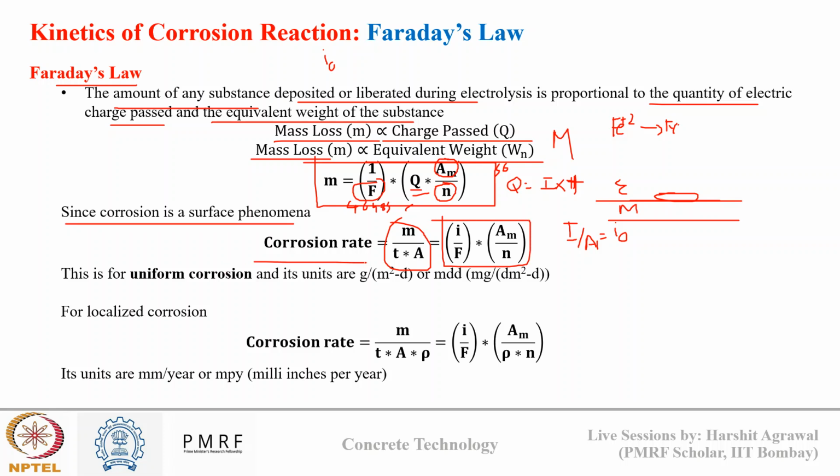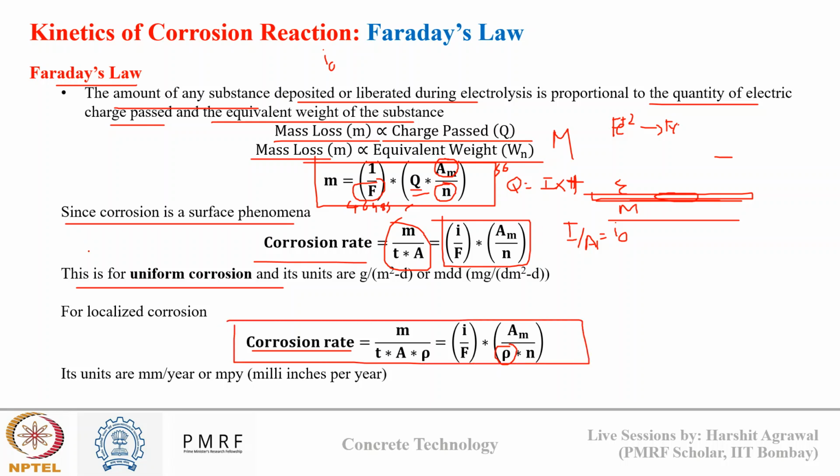Corrosion rate is related to I naught by this equation, and this is for uniform corrosion, when corrosion is happening uniformly throughout the surface. However, in cases of pitting corrosion like chloride corrosion, instead of representing corrosion rate by mass loss per unit area per unit time, we represent corrosion rate by mass loss per unit area per unit time per unit density of the material. So there is an additional density factor for localized corrosion.